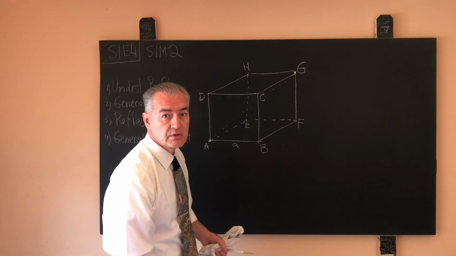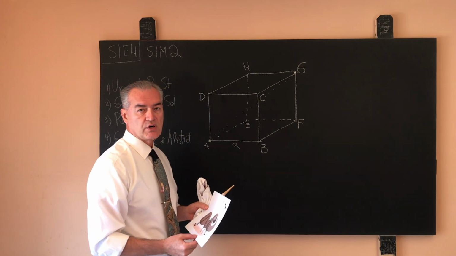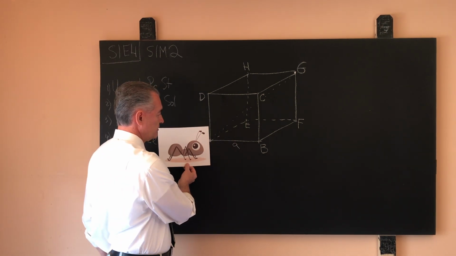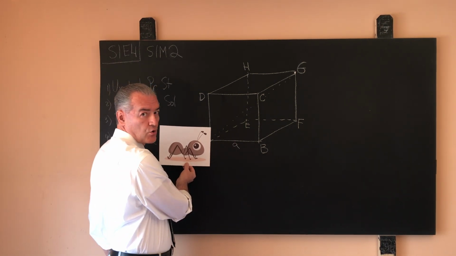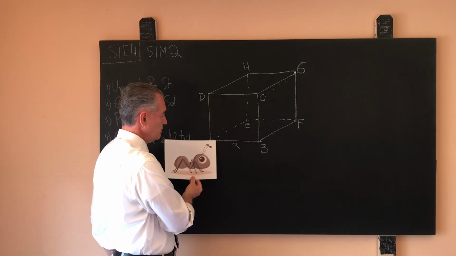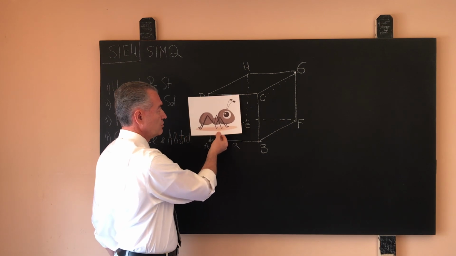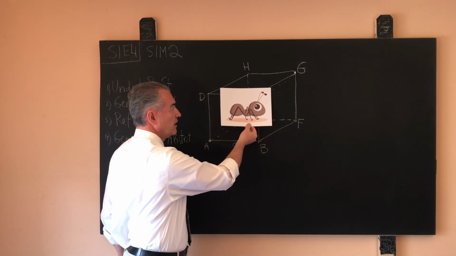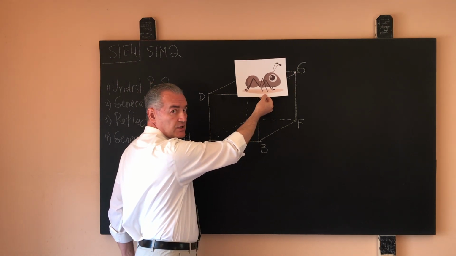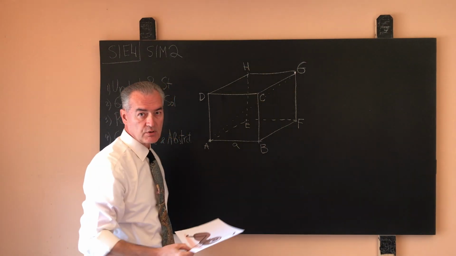In that problem, as a reminder, we were asked to find a shortest path that an ant can traverse over the surface of a cube from, let's say, vertex A, crawl over that surface somehow, and arrive to the diametrically opposite vertex G in a shortest possible way.